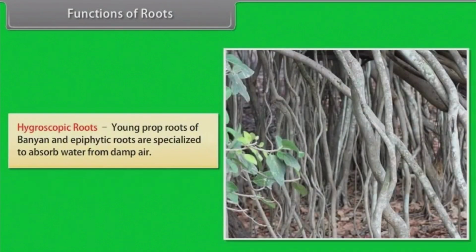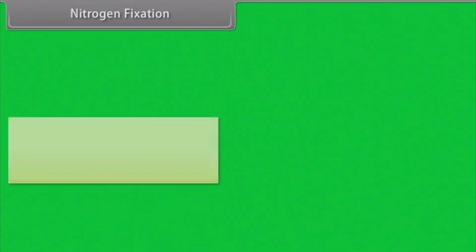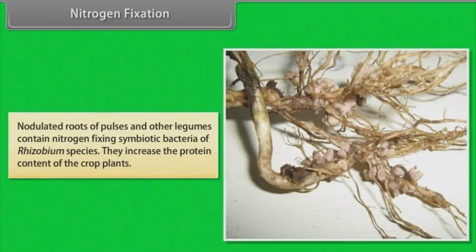Young prop roots of banyan and epiphytic roots are specialized to absorb water from damp air. Nitrogen fixation. Nodulated roots of pulses and other legumes contain nitrogen-fixing symbiotic bacteria of Rhizobium species. They increase the protein content of the crop plants.